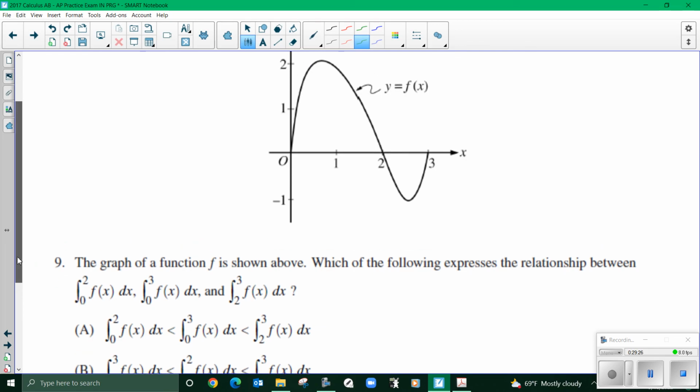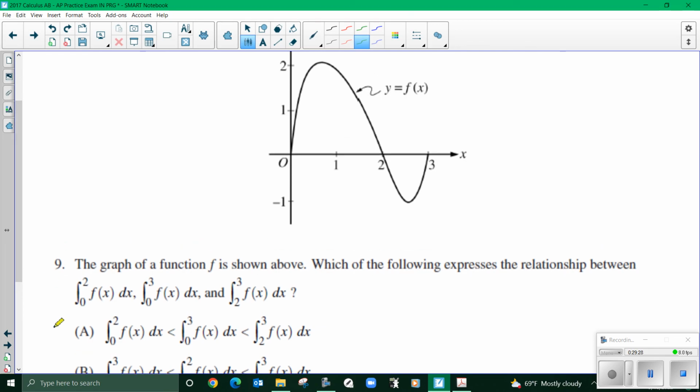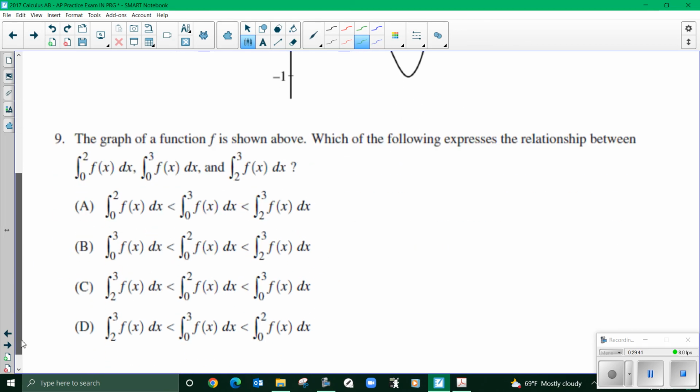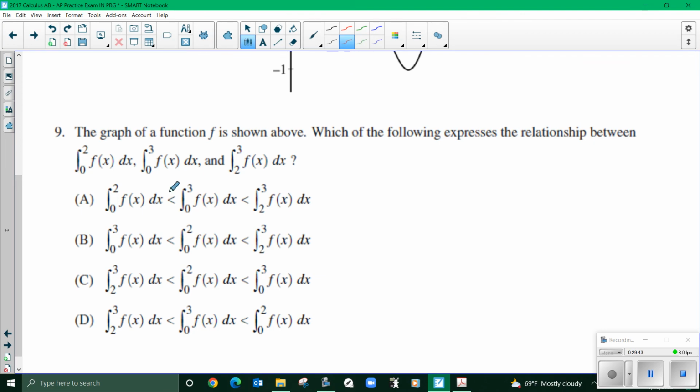All right, so integration is the same thing as area under the curve. So I'm just going to be looking at areas under the curve here for the given intervals or bounds provided. Now, look at all my responses. They are separated all by inequalities.